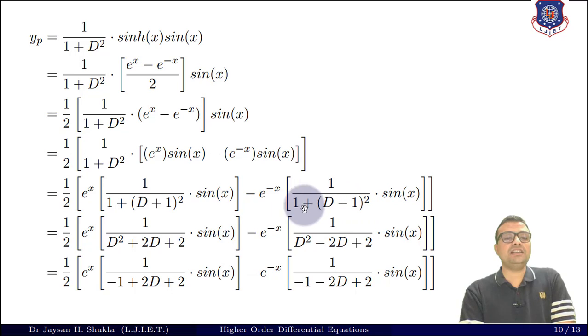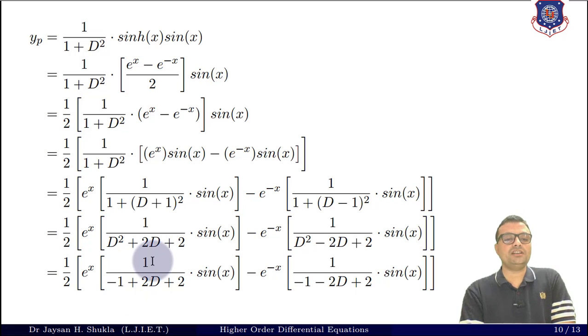Now, expanding this denominator will give me d square plus 2d plus 1, and then plus 1 over here, which will give you 2. Over here, it is d square minus 2d plus 1, and plus 1 over here will give you 2. Now again, as it is sin x, I can change d square with minus of a square. A is 1, so I am replacing d square with minus 1.